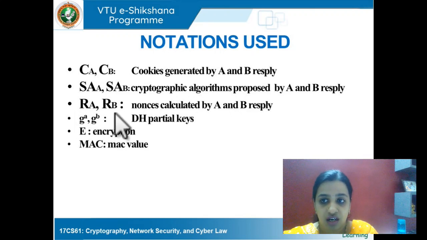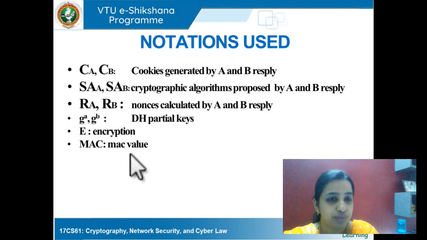Now RA and RB are already known notations to us, which represent the nonces calculated by A and B respectively. We have G to the power of A and G to the power of B. These are Diffie-Hellman partial keys. Now E stands for encryption and MAC is the MAC value that is computed.